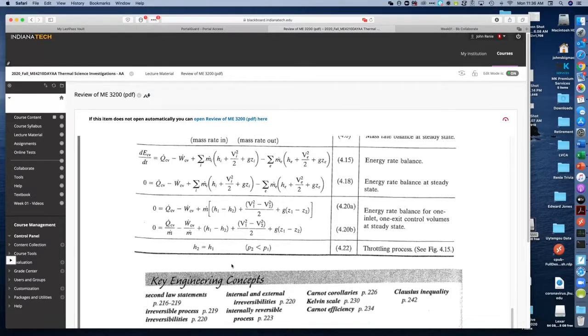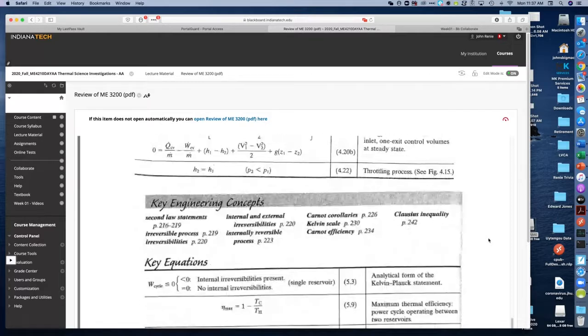Typically that throttling process is driven by the fact that pressure is decreasing. You have a high pressure and a valve on the tank. You open up that valve, the fluid is exposed to a lower pressure and it rushes out of the valve in such a fashion that enthalpy during that process remains constant.